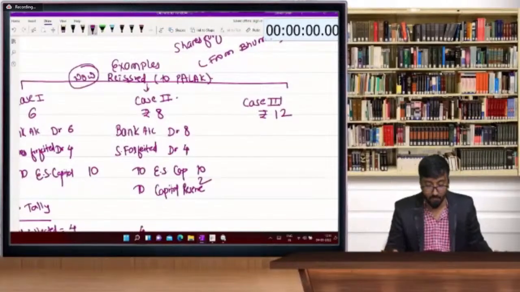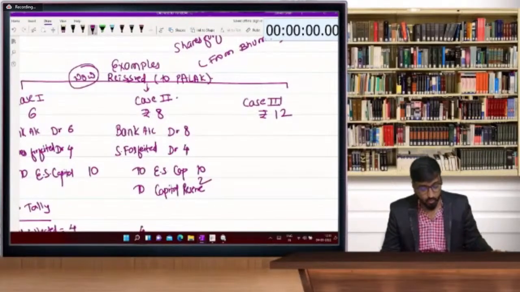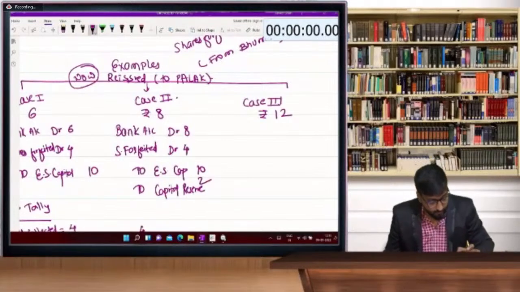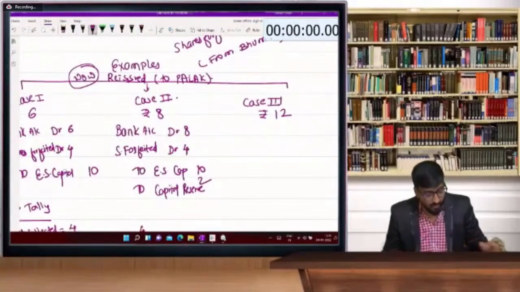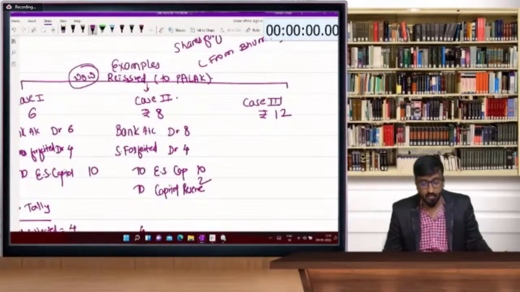Case 3, ₹12. Now tell me the entry. Jyoti, in study material we have 2 separate entries, but Sanket sir merged both entries.